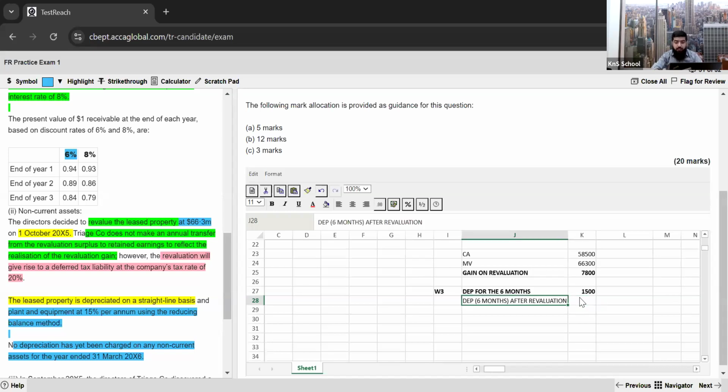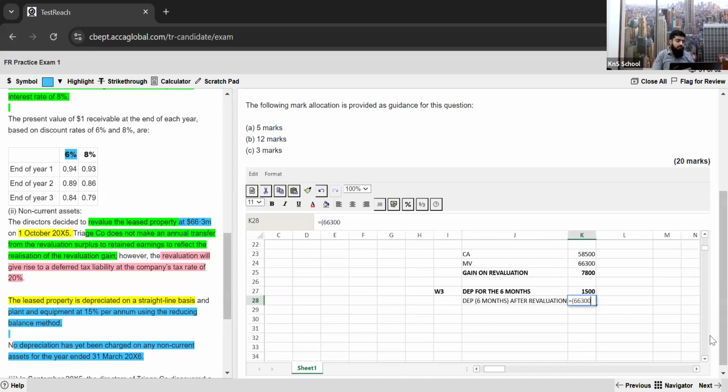So the revalued amount is 66,300, right? 66,300 is the revalued amount, and over its remaining useful life.